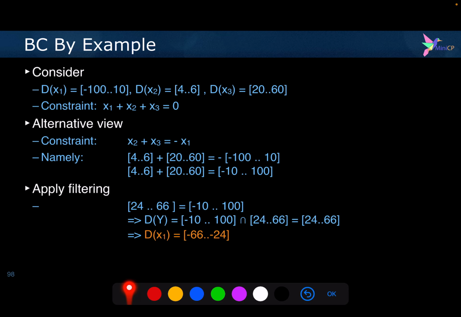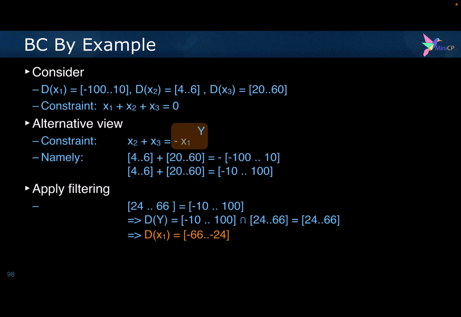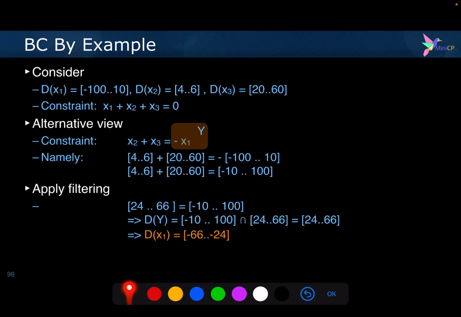Of course, because you have minus x1, you will assume that you have the y variable that is a view on minus x1. So for minus x1, you just take this interval and flip it, so minus 10 is the new minimum, and 100 is the new maximum, because we have minus 100, which is 100.